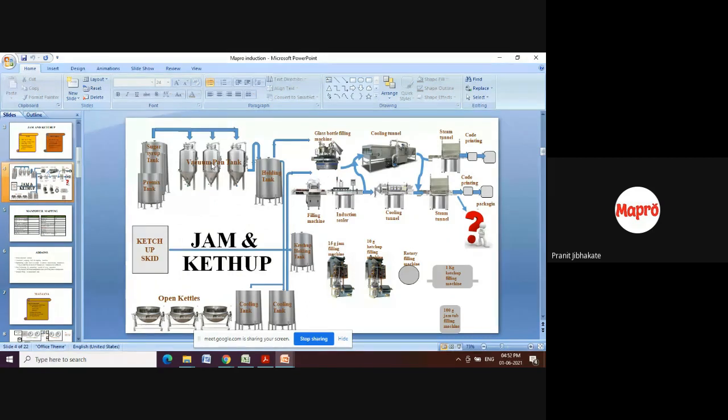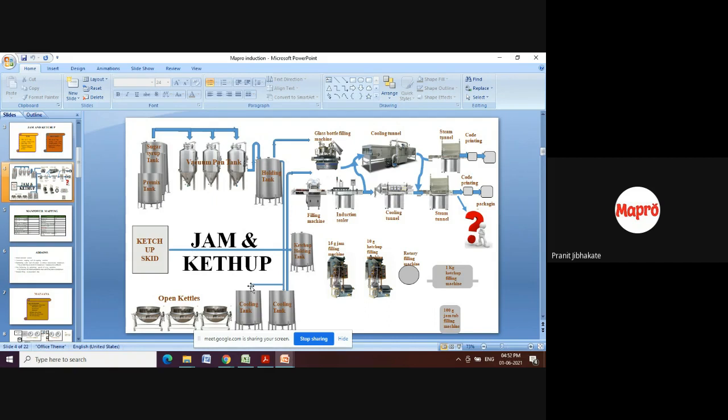The processing is the same. We can use vacuum pans also, open kettles also for the ketchup. Only in place of fruit pulp, we are taking tomato paste, and we are adding spices and condiments in the process.